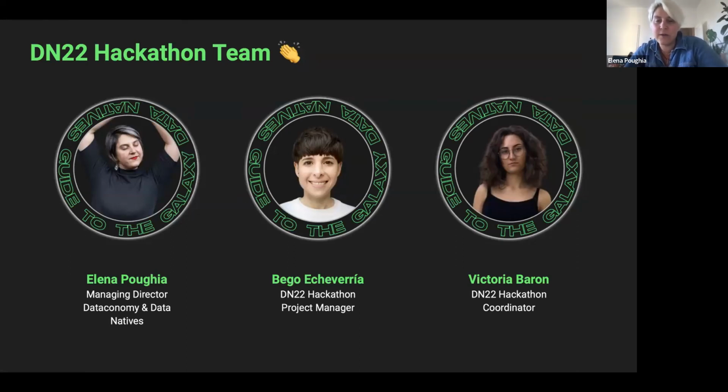Let me say a little bit about Data Natives. We exist since 2015. We started as a media platform called Data Economy, where you can find all relevant content around data science, machine learning and AI. Blockchain has always been getting into our topics because we are very much focusing on emerging technologies.